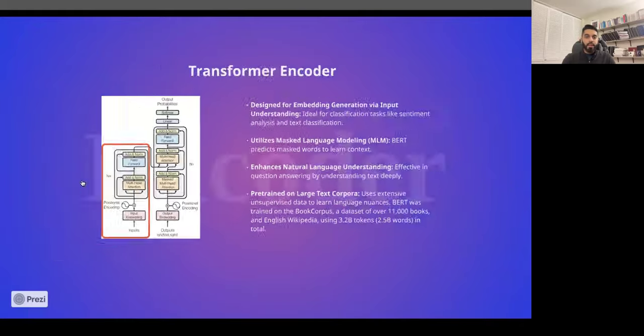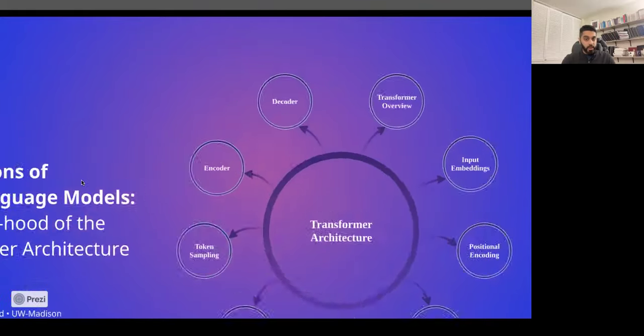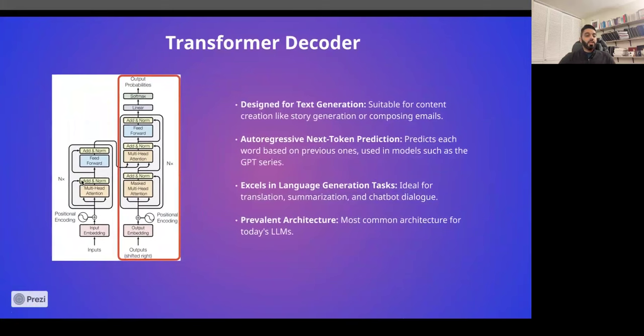And then lastly, we've got the decoder, which is the right portion of the transformer architecture. And the idea behind the decoder is to carry out generation, right? So with a lot of the LLMs that we see right now, most of these, if not all of them at this point, follow the classic transformer decoder architecture.